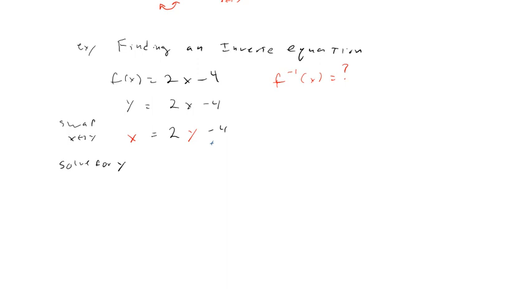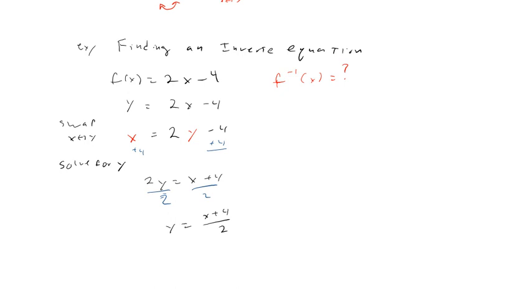So I've got 2y equals x plus 4. Divide the whole thing by 2. I've got y equals x plus 4 over 2. And this is my f inverse equation.